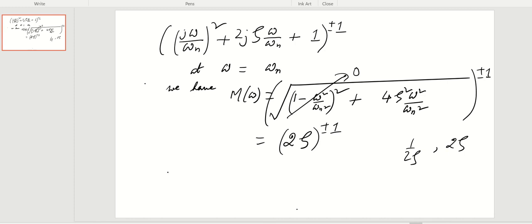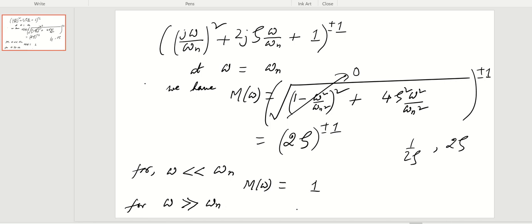Now suppose omega is much smaller than omega n, then M of omega is simply going to be equal to 1, because both of these terms become negligible. Similarly, for omega much greater than omega n, the 1 becomes insignificant, whereas omega over omega n assumes significance.